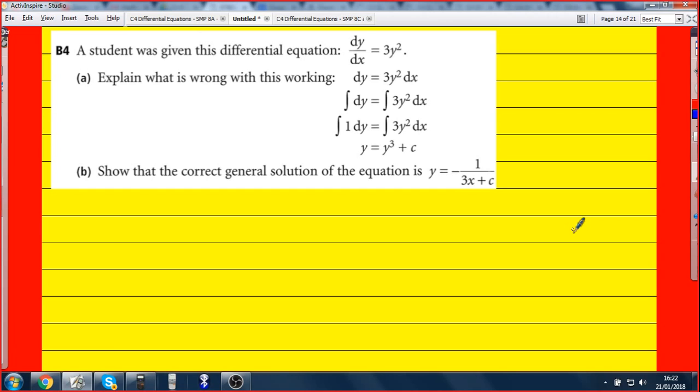Yeah, they've integrated y with respect to x, basically. You don't need to bring the 3 as well, I don't think.